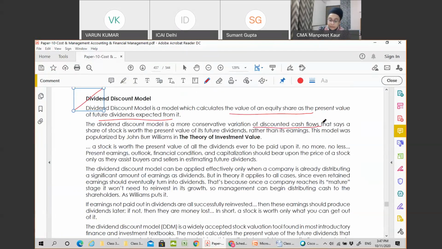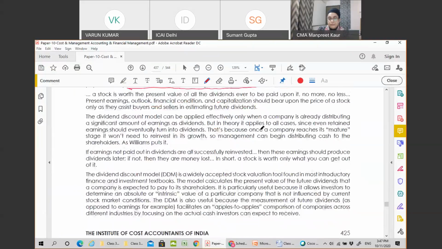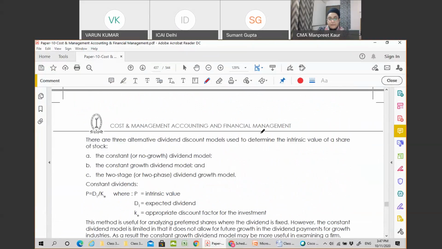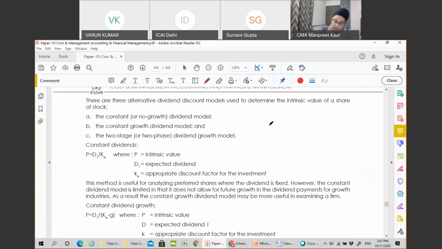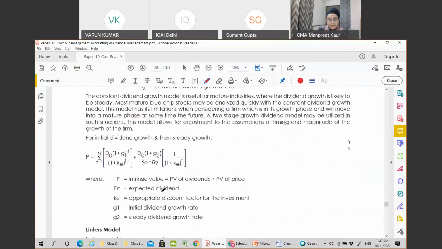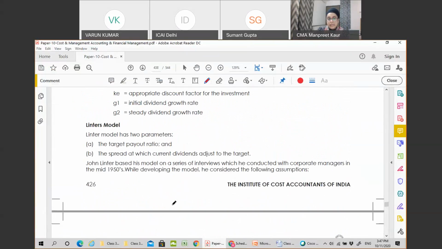It is popularized by John Burr Williams in The Theory of Investment Value. There are the constant growth and two-stage dividend growth models. And last is the Lintner model.